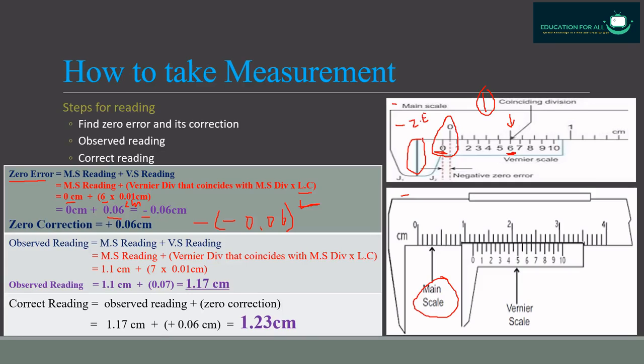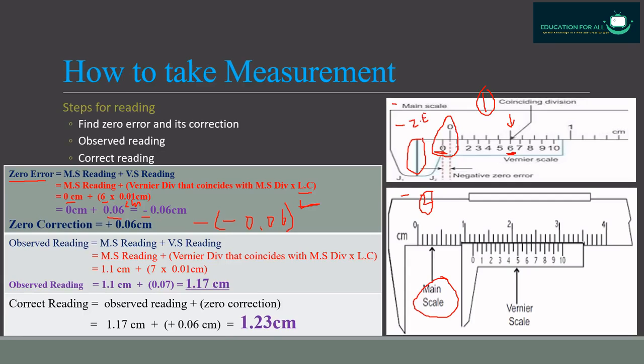For taking the main scale reading, come to this picture 2. You will see the 0 of the vernier scale. The main scale division which is behind or just coinciding with the 0 of the vernier scale is the main scale reading.